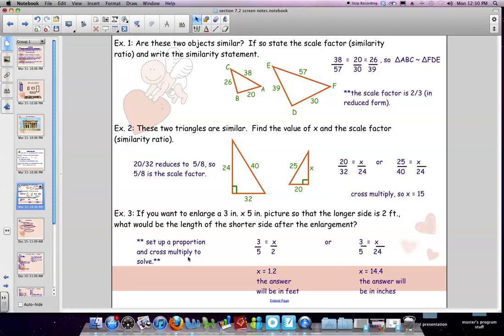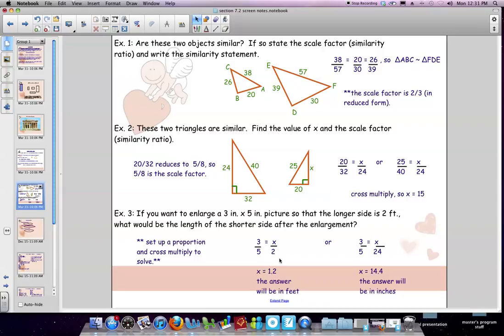You set up a proportion and cross multiply to solve, just like we did in section 1 and just like we did in example 2. So 3 over 5 is what I'm starting with, and I want to figure out what that's going to be after the enlargement. Since the 5 is the longer side, I know that's the one that's going to be 2 feet long. So I do 3 over 5 equals x over 2, because 2 feet is where I'm trying to go.